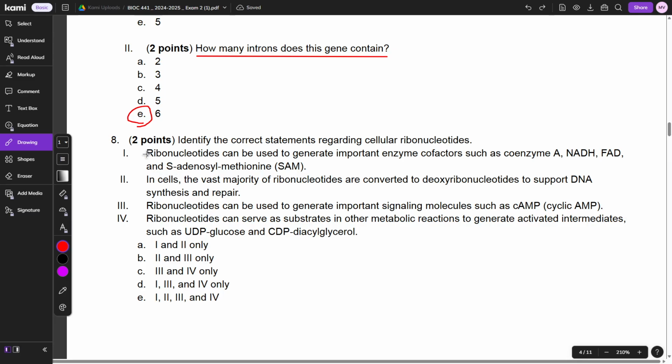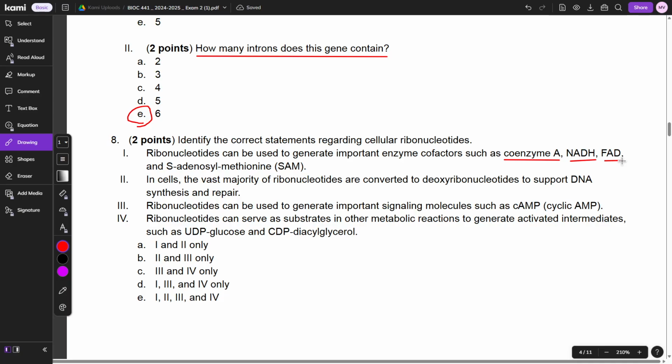So in cells, we'll start with 1. It's important to generate enzyme cofactors such as coenzyme A. I know that's true. NADH, yes, I know that's true. And FAD. NADH literally stands for I think nicotinamide adenine something, and then FAD is flavin adenine dinucleotide, right?